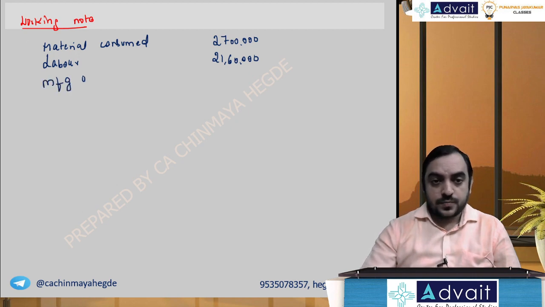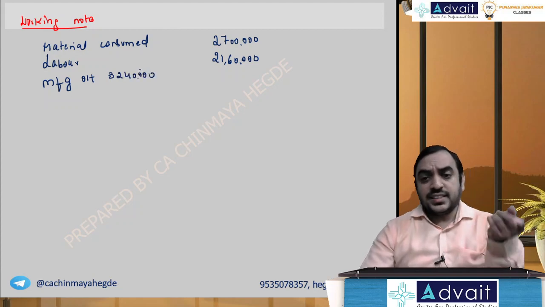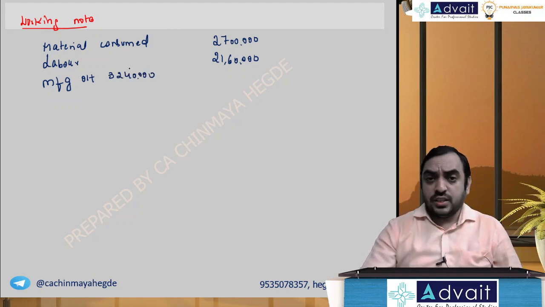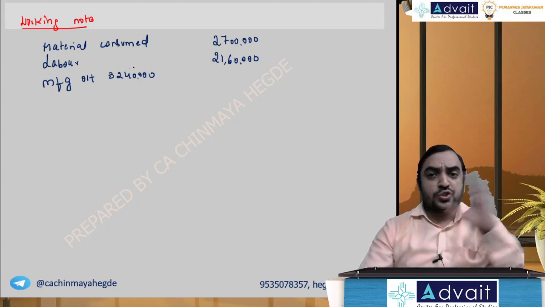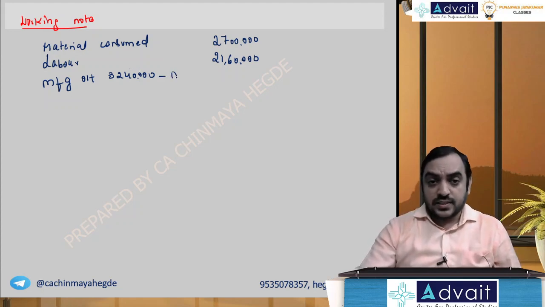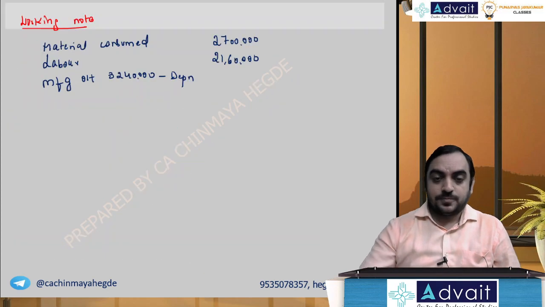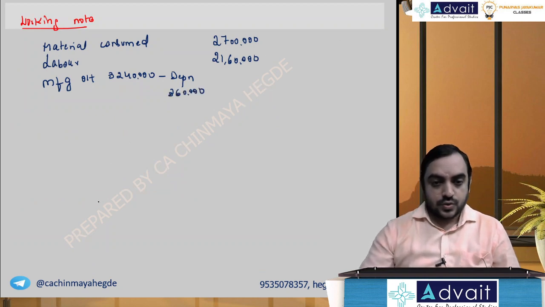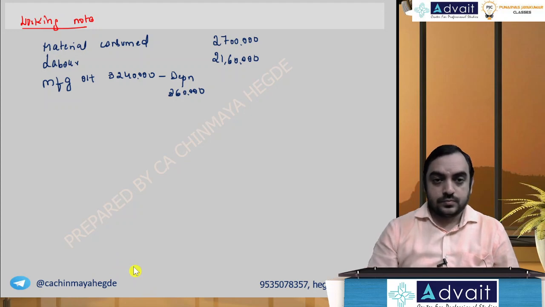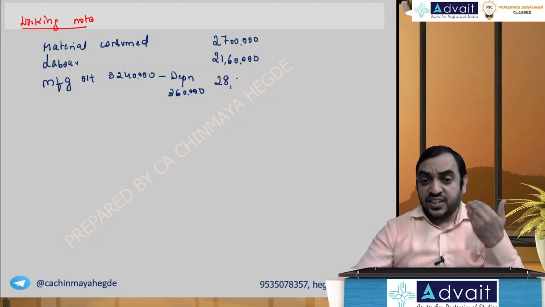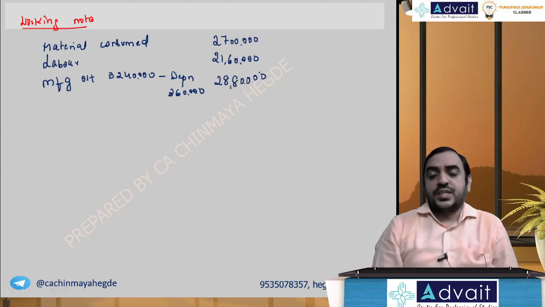But this includes depreciation. We follow cash cost approach, so we should eliminate depreciation. Minus depreciation 3 lakh 60,000, so you get 28 lakh 80,000. If it is balance sheet approach, if it is total approach, I'm not going to subtract.